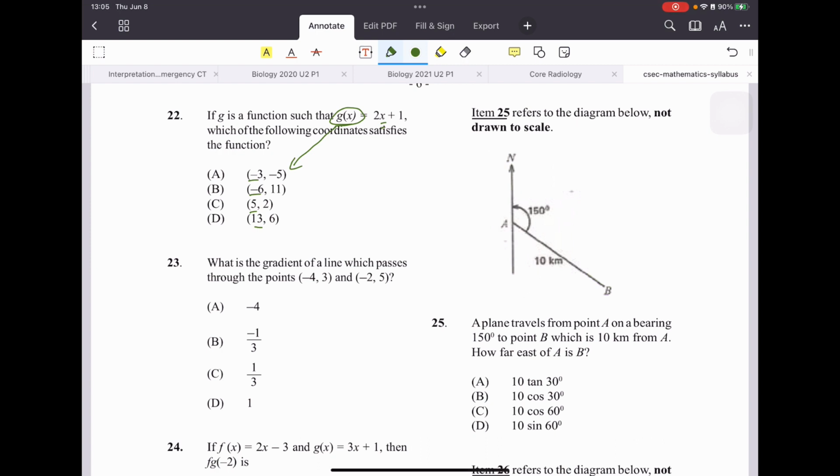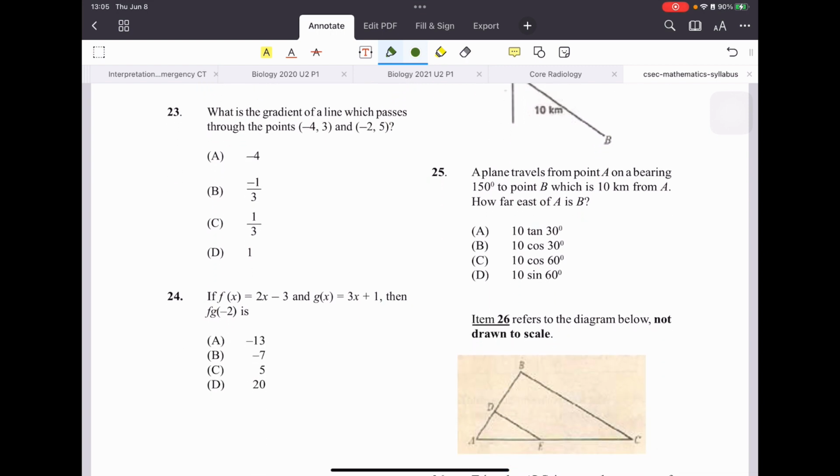And thankfully, in this question, A is the correct answer, because if we put the minus 3 into this equation, we're going to get 2 multiplied by minus 3 plus 1. That is equal to minus 6 plus 1, which is minus 5. So our answer is A. So you can see we got back the minus 5 there.